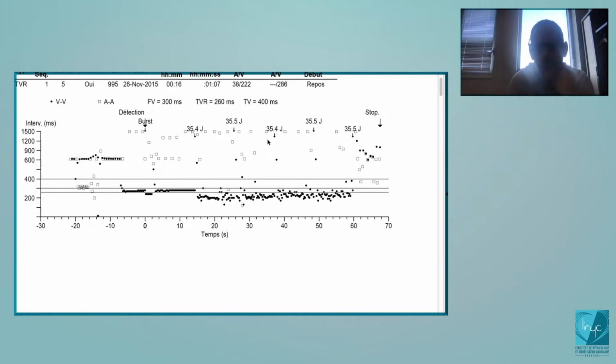This is the concept of upper limit of vulnerability. It means that if you induce an arrhythmia with a high amplitude shock, then there is a direct relation, and there is a very high risk that you will not reduce the arrhythmia, that you have a high defibrillation threshold.